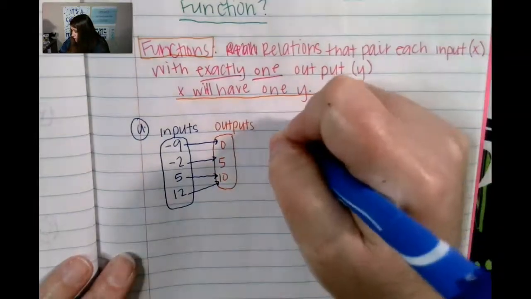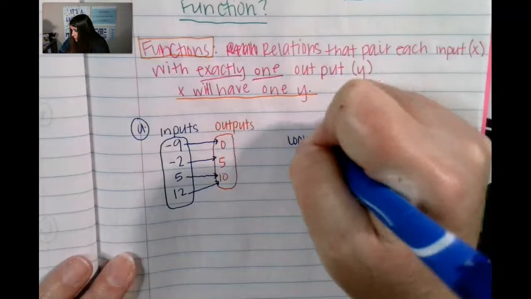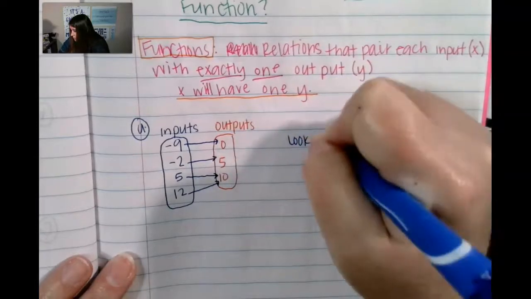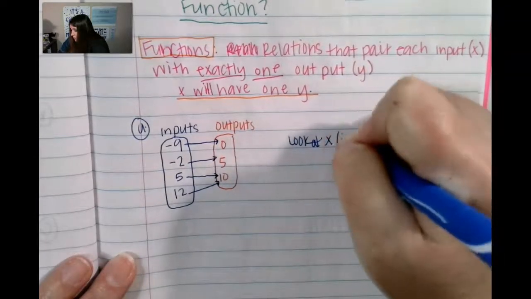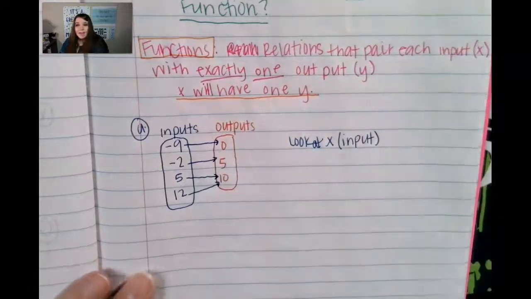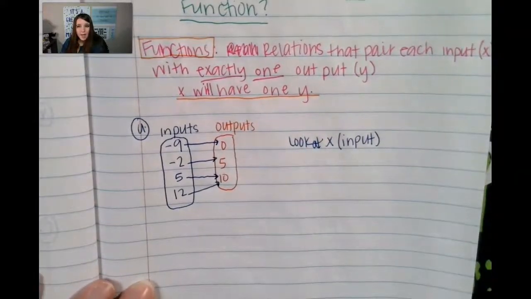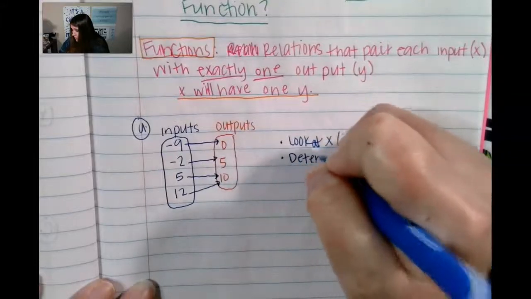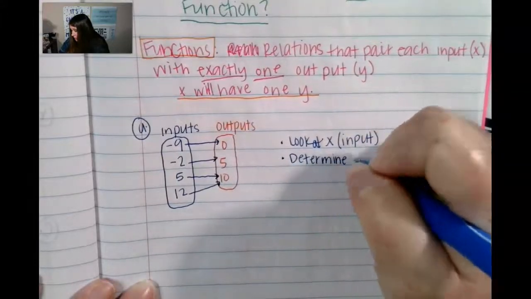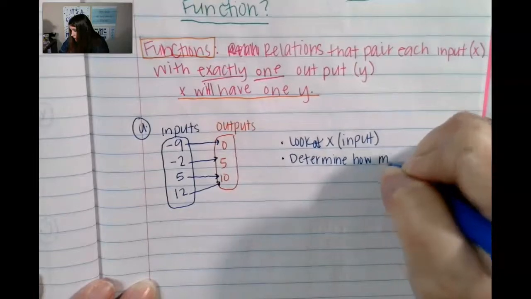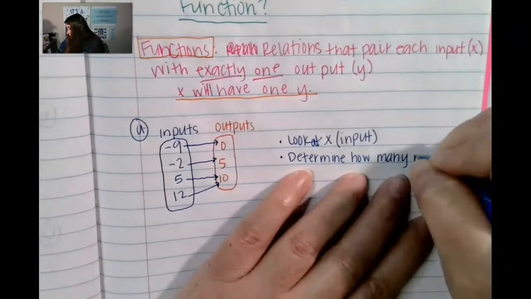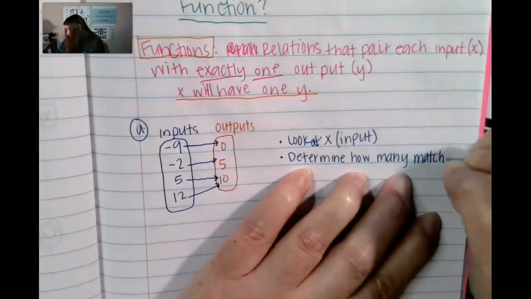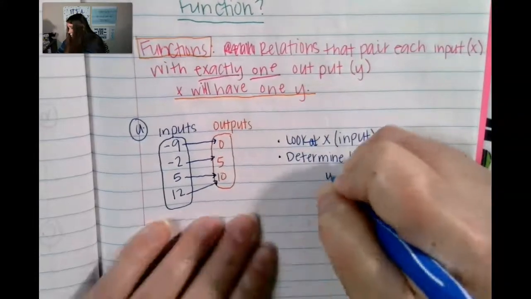So step 1, look at your x values, which is the input. And if each one has just one output, it's a function. So then we're going to determine how many matches to y values.